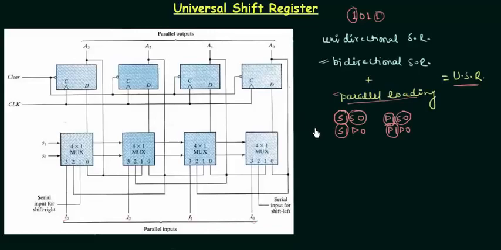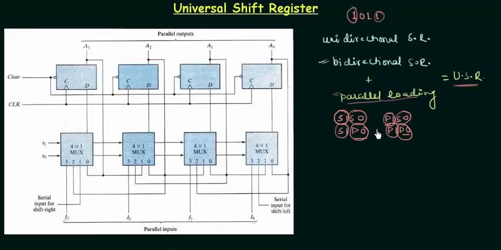So in that case we have the parallel output. We don't require something very special to get parallel output. You just only have to access the outputs of the flip-flop. So we also have the parallel output in this universal shift register. So all the possibilities are covered.